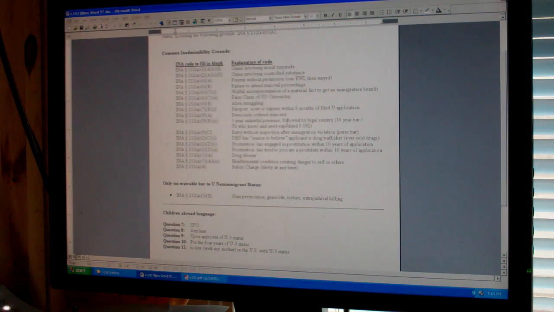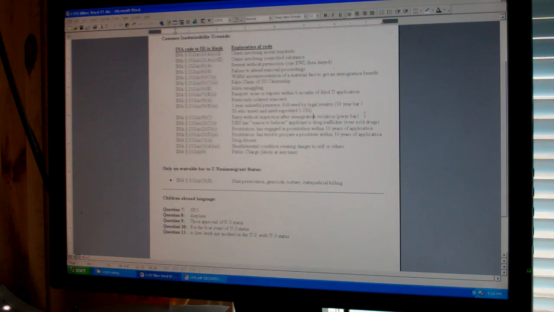212A9B, I already mentioned, is the 10-year bar. It usually isn't something that comes into play until somebody leaves the United States after getting U status and wants to re-enter, but they triggered the 10-year bar when they left. DHS has reason to believe the applicant is a drug trafficker. That is as serious as any crime involving controlled substances, extremely serious to immigration.